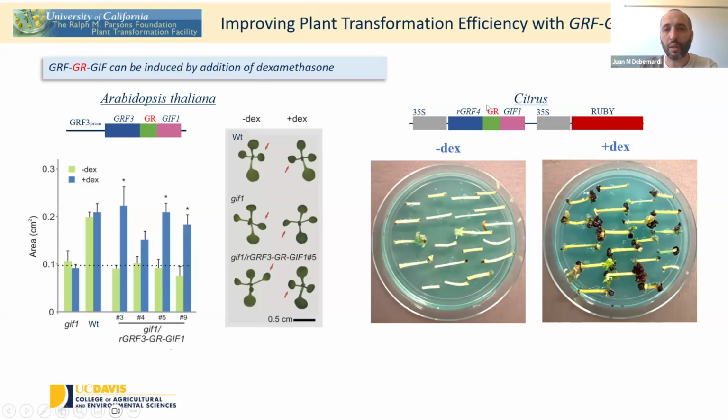Basically, we cloned the glucocorticoid receptor into GRF, and with that, you can control it just by adding DEX into the media. We observed that DEX for some crops like tomato could be toxic, but the system works very well in other crops, and there is also a tool from the Shonin lab in wheat.